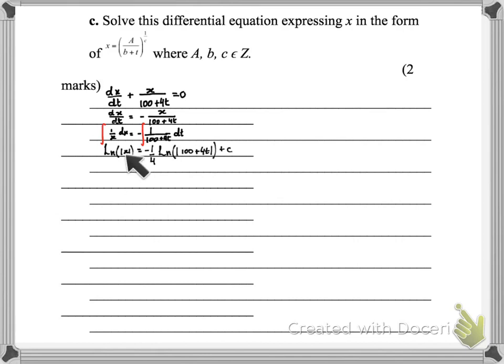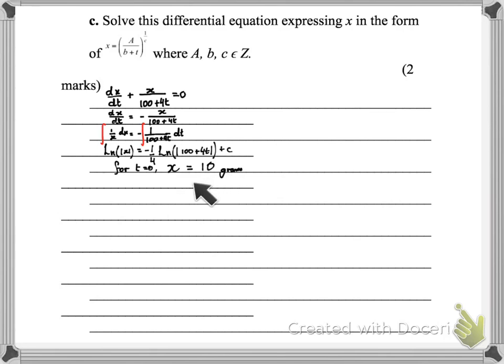We are going to get the natural log of modulus x is equal to, and here's our integral of this 1 over linear, the gradient of the linear part comes out the front, times log of the linear function itself. Don't forget the modulus, and don't forget the plus c, the integration constant. Now let's use our initial condition. From part A, initially the concentration was 10 grams out of 200 mils.